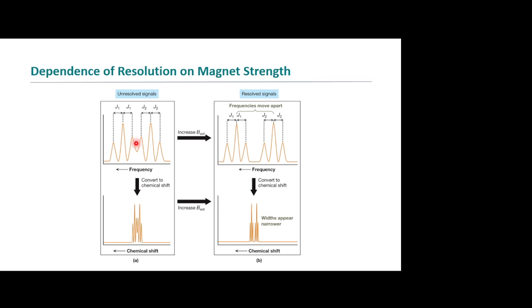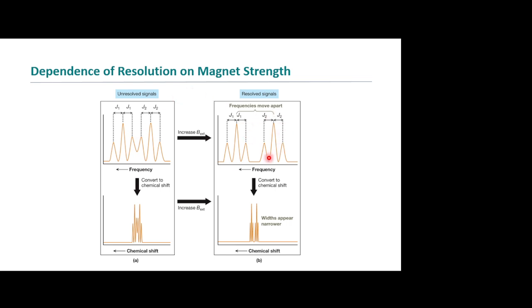And why are they splitting here? Notice these separations right here, they haven't really changed, have they? They're the same in both cases, right? That's because your splitting doesn't change based on the external magnetic field. Those are local magnetic field phenomena. But what does change is the distance between your overall peaks.